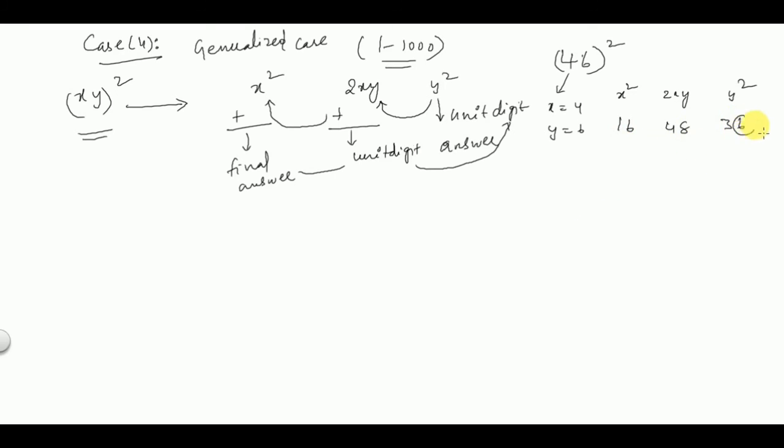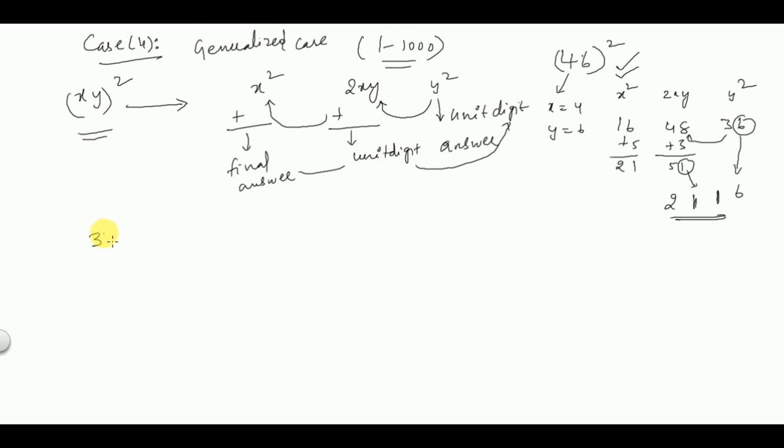So this 6 is considered for the final answer. This 3 will be propagated as carry, so you'll get 51. This 1 is now considered for the answer, so 1 here plus 5 here, and this is 21. So 2116 will be the answer for 46. Okay, so using this method you can find the square of a number very easily.